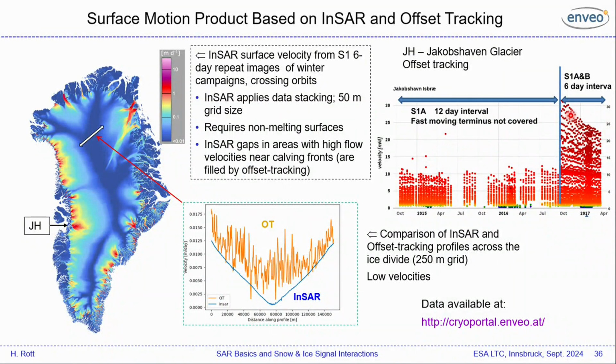But when Sentinel-1 switched from 12 days to 6 days, we got every single case. For these outlet glaciers with fast flows, we use offset tracking and combine this. Okay, thanks for your attention, and we'll be happy to answer your questions.